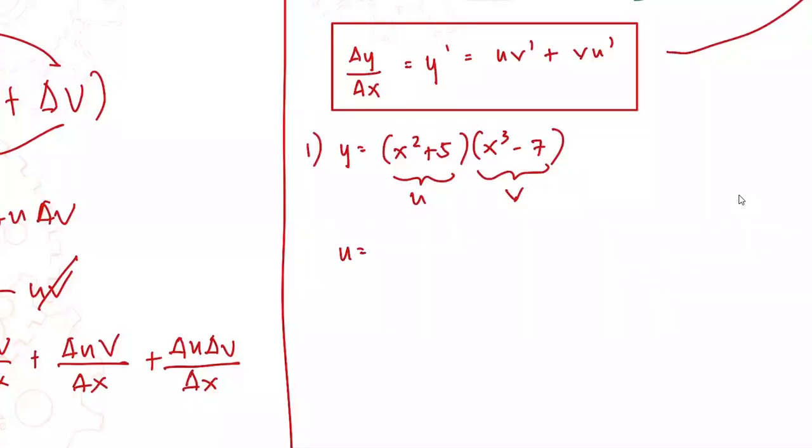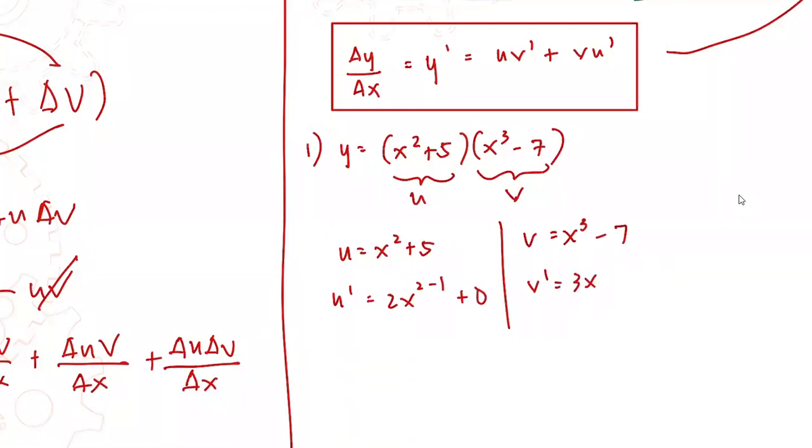So, u is equals to x squared plus 5 plus dito, v is equals to x cubed minus 7. Then, kunin lang natin yung derivative. U prime, so power formula, so 2x to the 2 minus 1, plus derivative of constant is 0. Sa kabila, v prime is equals to 3x to the 3 minus 1 minus 0. Simplify, we have u prime is equals to 2x, v prime is equals to 3x squared.